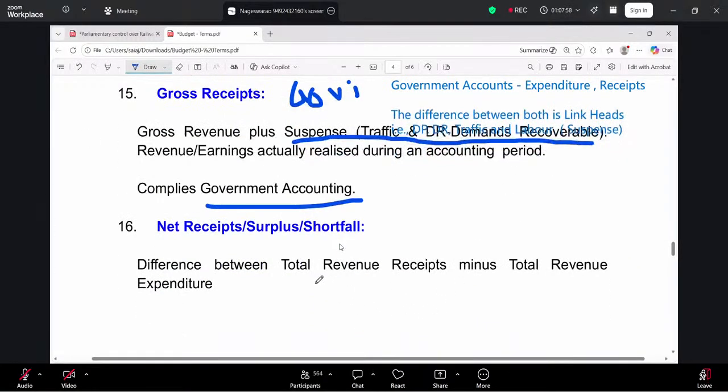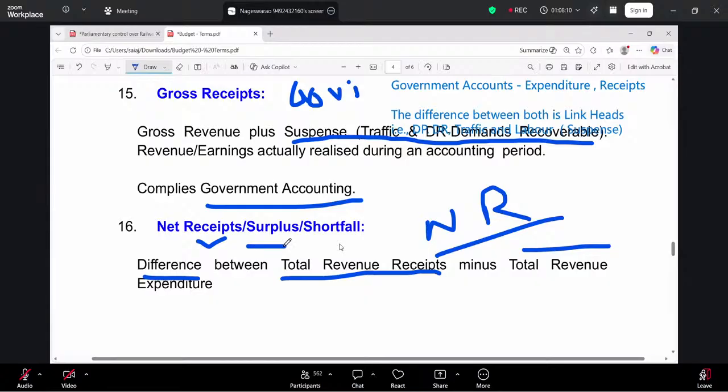So the difference between total revenue receipts and total revenue expenditure is called net receipts or we call it net revenue. If it is positive, surplus. If it is negative, shortfall. Okay. Net receipts and net revenue, we also use the word.